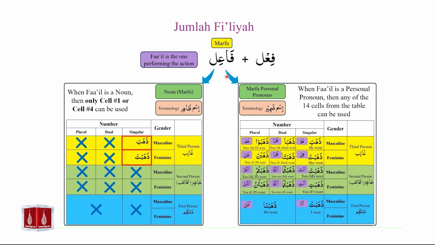When fa'il is a marfu personal pronoun, then any of the 14 cells from our table of Jumlah fi'liya can be used to make the Jumlah fi'liya. And when fa'il is a noun, in that case only cell number 1 and cell number 4 can be used from our table to make the Jumlah fi'liya. Using the example of Zahaba, cell number 1 is Zahaba and cell number 4 is Zahabat.